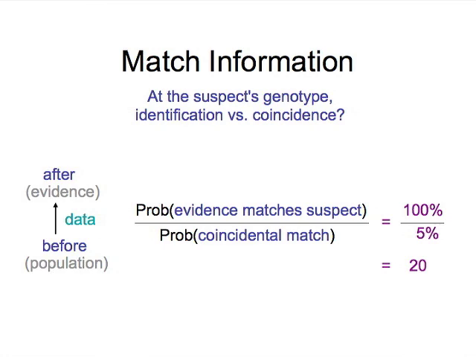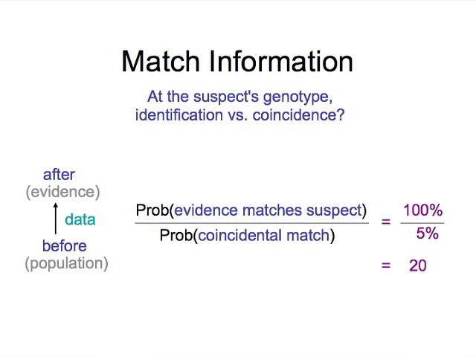That change in information going from before to after is what the data does, and then you get a ratio, which has many names, including likelihood ratio. By going from 5% in the denominator up to 100%, that ratio of 100 over 5 is 20. That's the match statistic, or the LR, likelihood ratio, at one locus.